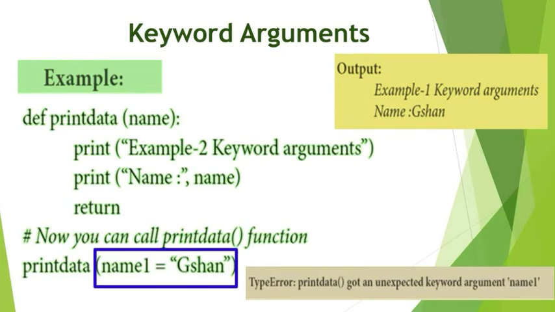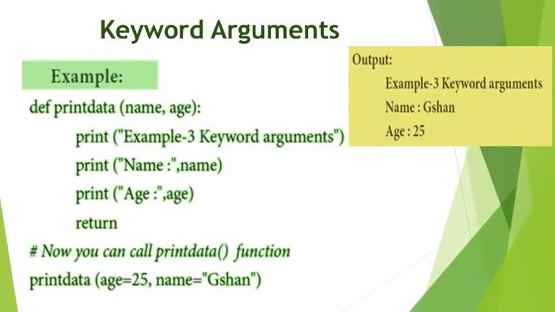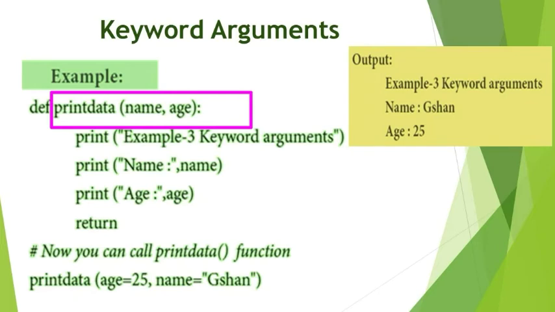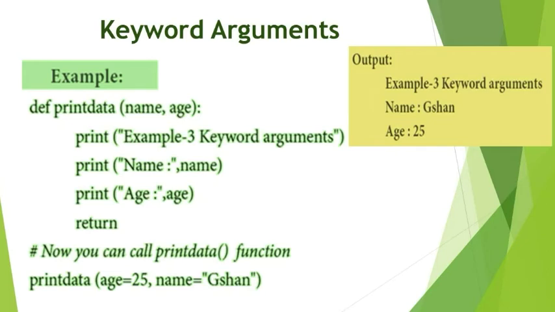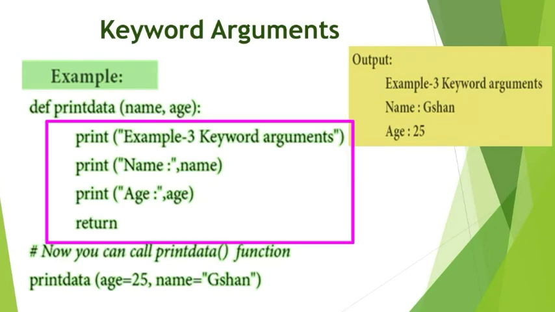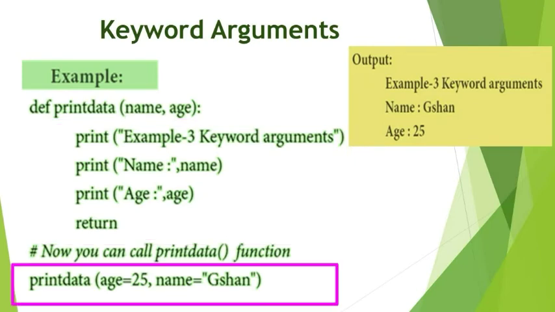Okay, and next let us see another program. Here the function name is print data. Within the function 2 parameters are declared. What are they? Name, age. And next some statements are given. Print statements, print example 3 keyword arguments, print name and print age. And next the return statement. Next the function call.